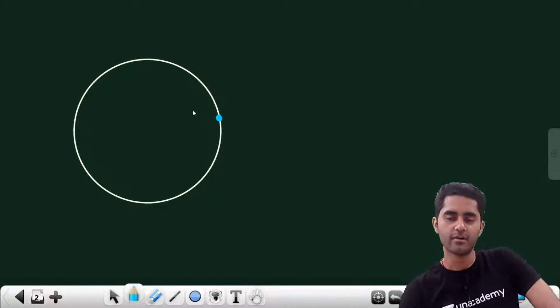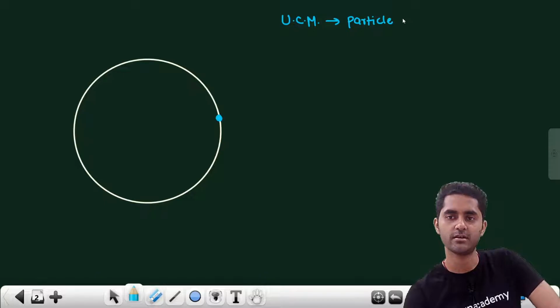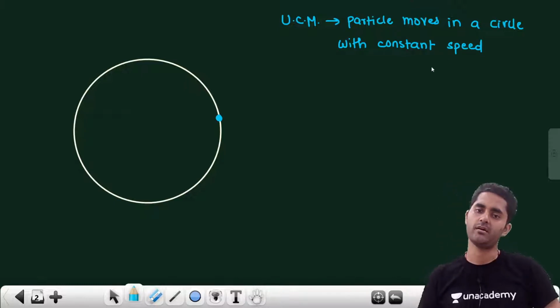For convenience, right now I'm just considering uniform circular motion. In uniform circular motion, the particle moves in a circle with constant speed.